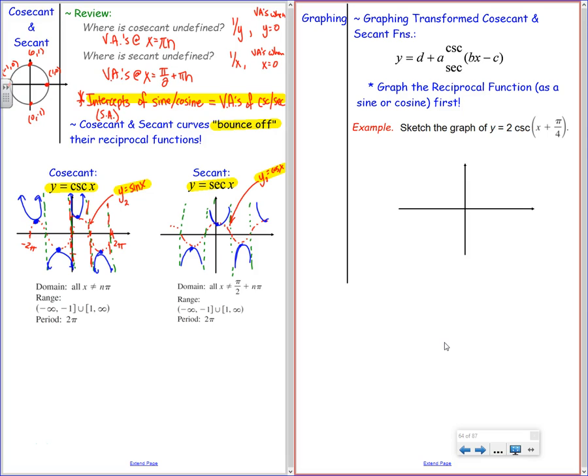Long story short, if you ever want to graph a cosecant or secant curve, make it a sine or cosine and graph that first. But when you graph your wave, you have to make your wave dotted because that is not the cosecant or secant. We're just going to use the wave in order to bounce off and mark our vertical asymptotes. We're going to use the wave for the cosecant and secant.